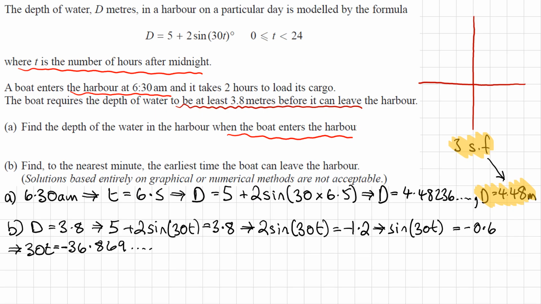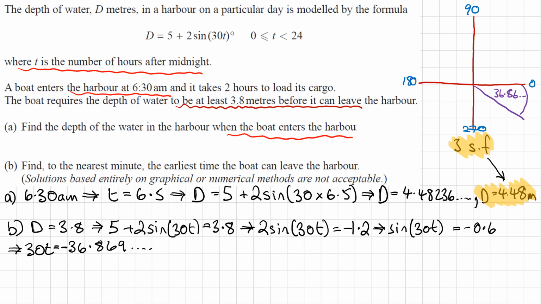So here's my CAST diagram: 0, 90, 180, 270, then 360. I'll plot on this angle of negative 36.869, so that's going to go over here. The size of the angle itself is 36.86.